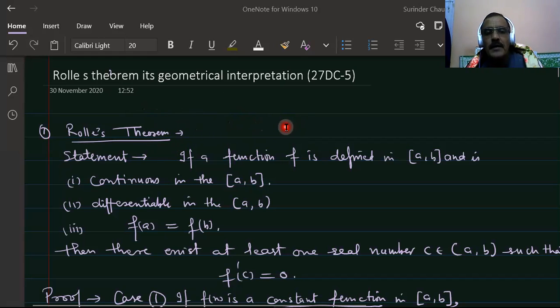Now we apply not only Rolle's theorem but other theorems on the functions and derive some results based on them.